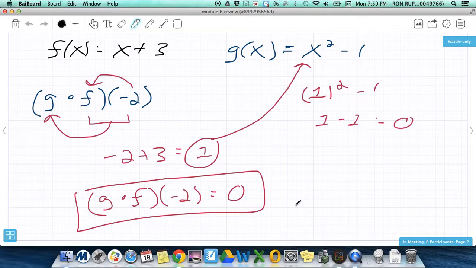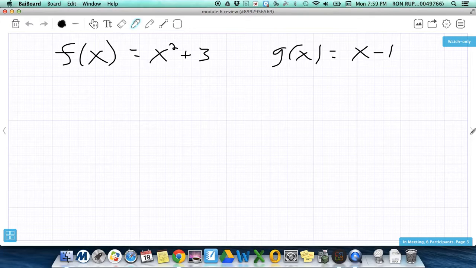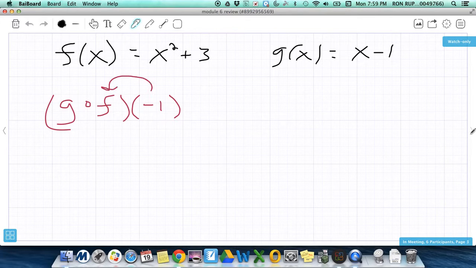So let's say f of x equals x squared plus 3, and g of x equals x minus 1. And let's say I want to know what g composed of f of negative 1 would be. So that means I'm going to take negative 1, plug it in for f, see what the answer is, and then plug it into my g function.